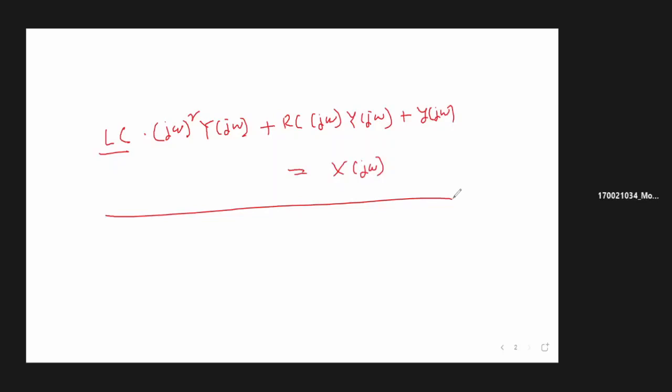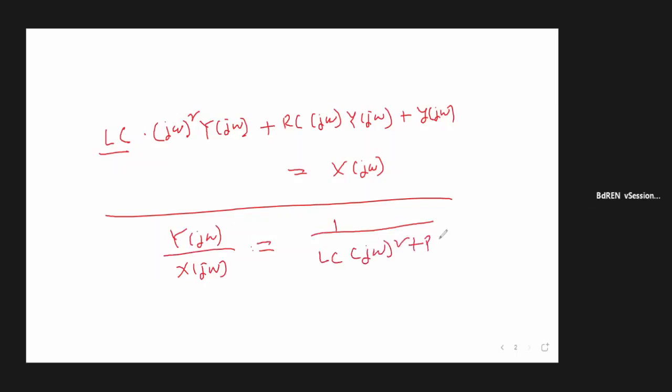Yes, sir. Then can you find the ratio Y(j omega) by X(j omega)? Equal to what? 1 divided by LC into (j omega) square plus RC j omega plus 1, isn't it? Yes, sir.